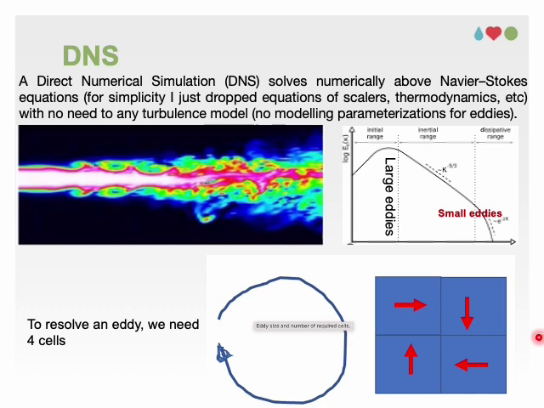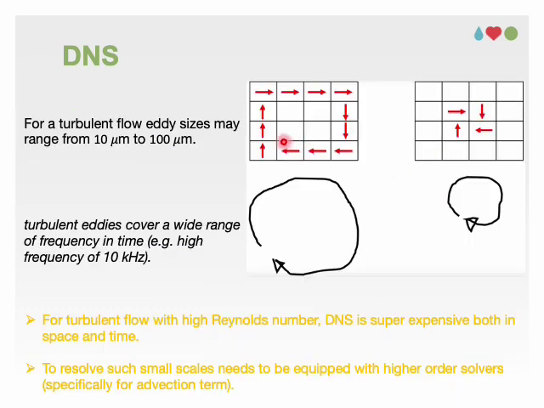Assume an isotropic eddy as shown here. To spatially resolve this eddy, we need 4 cells as shown here. With the grid cells shown here, we can resolve the largest eddies with 16 cells and the smallest eddies with 4 cells.